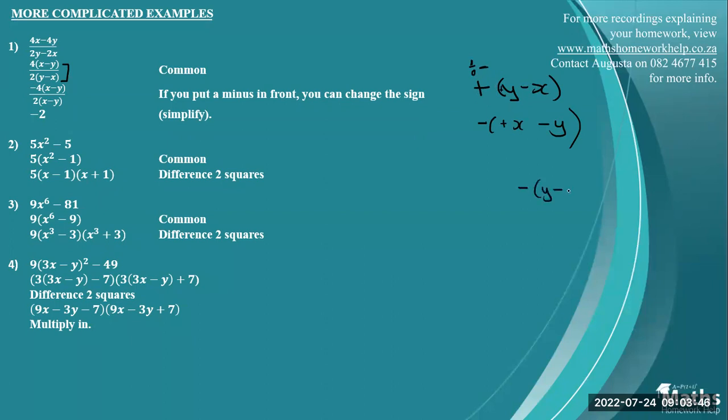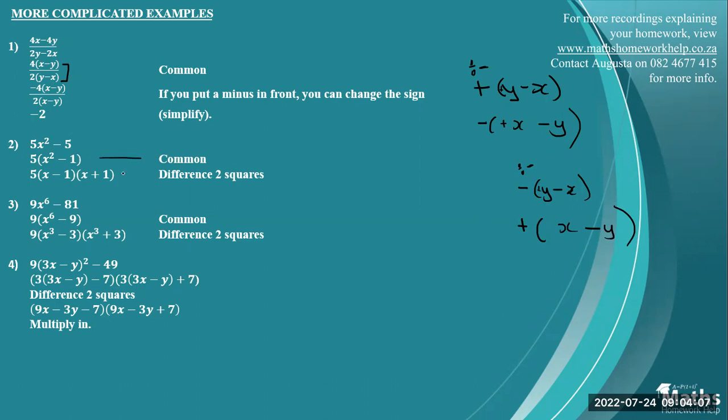If you wanted to swap that around, the negative would become a plus because you divide with a negative to swap it around. Plus becomes a negative, and the negative becomes a plus. Right, so here we just swap it around, then you cancel it out.